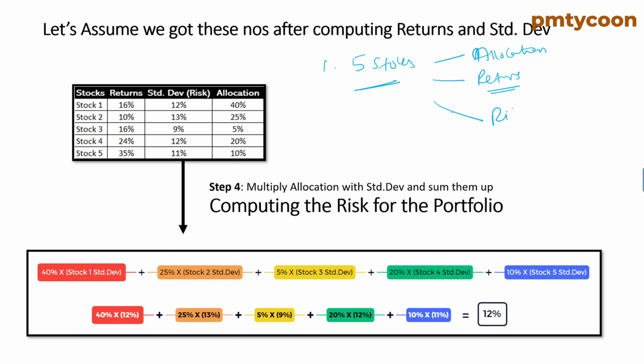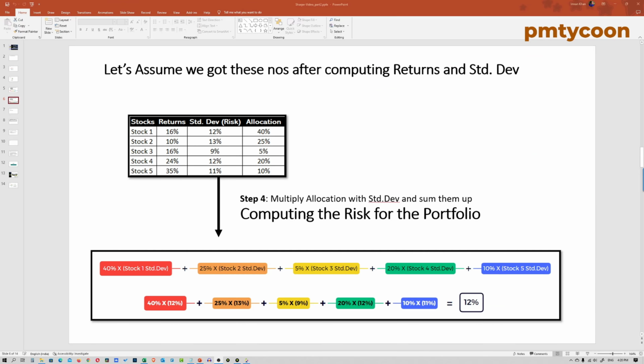The third step is we have calculated risk for each stock. And then we used the weighted average formula to calculate the returns and risk of a portfolio. Now that you have the return and risk of a portfolio, all you have to do is divide your returns by risk for the portfolio and you get the Sharpe ratio for the portfolio.